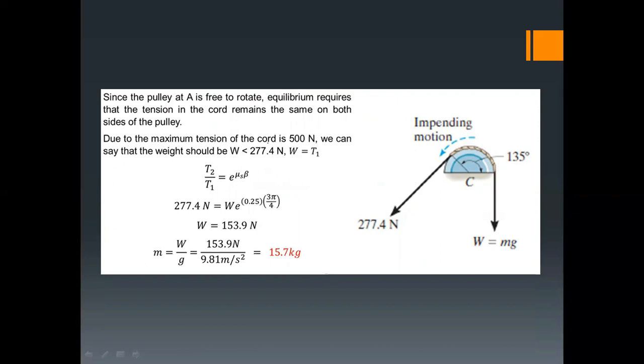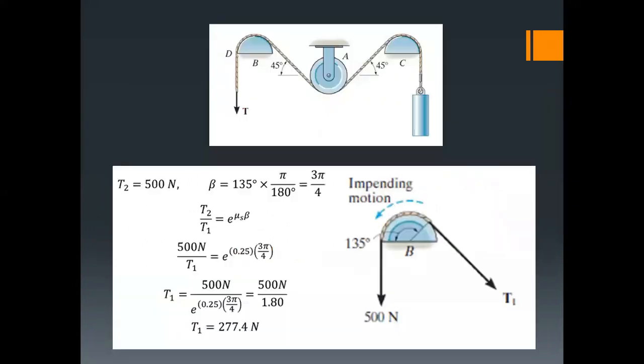So, due to maximum tension of the cord being 500 Newton, we can say that the weight should be less than 277.4 Newton, which is our weight, equals to our T1. So, T2 natin sa kabila, makita dito.